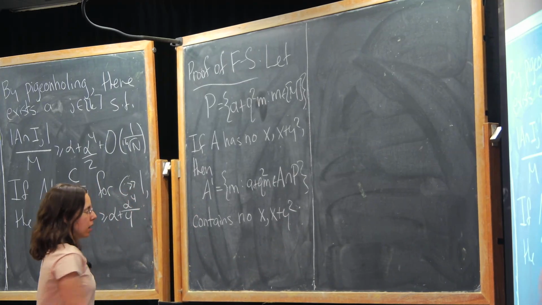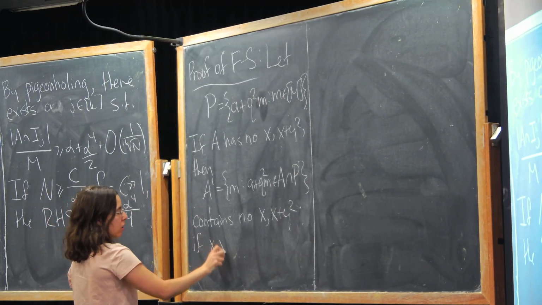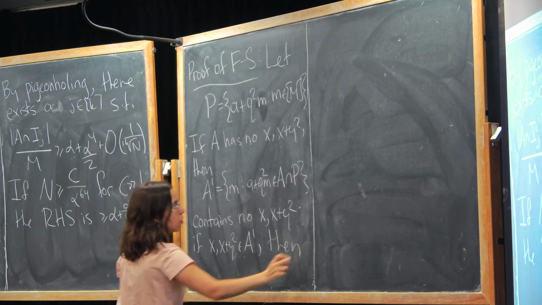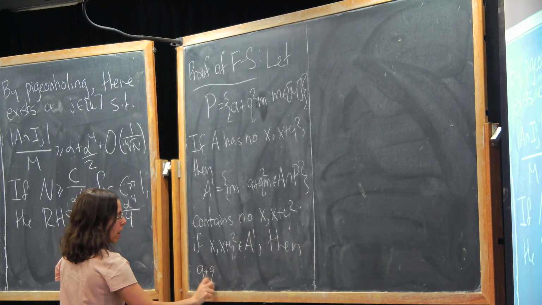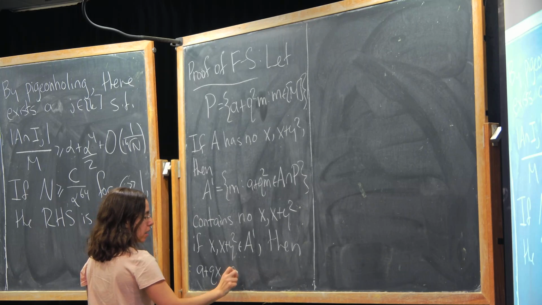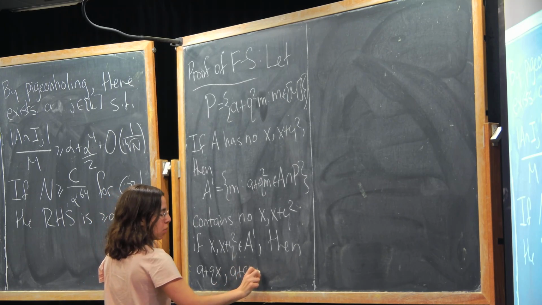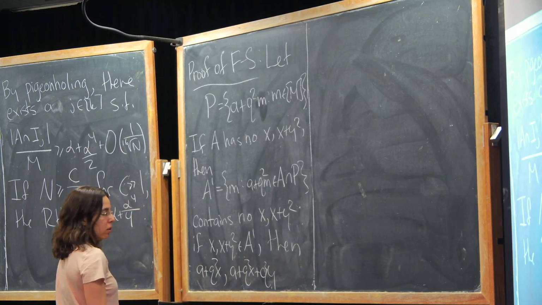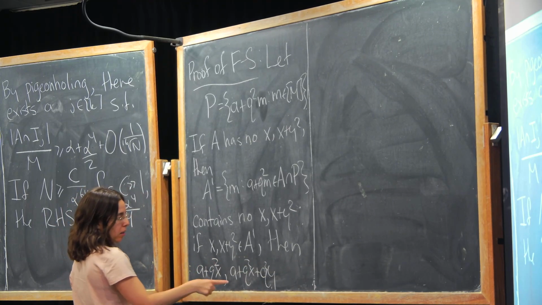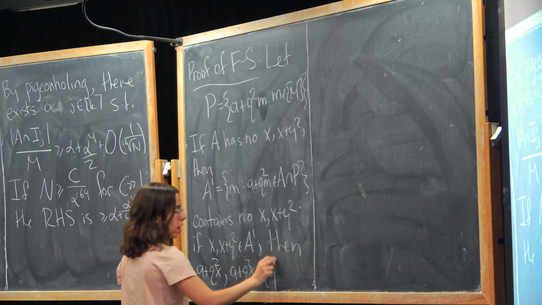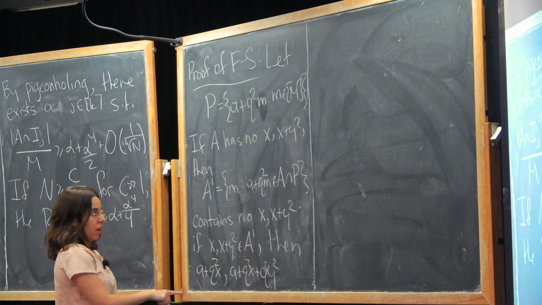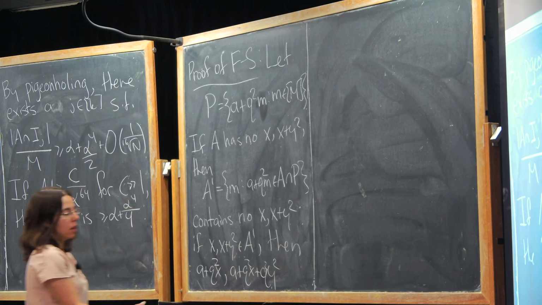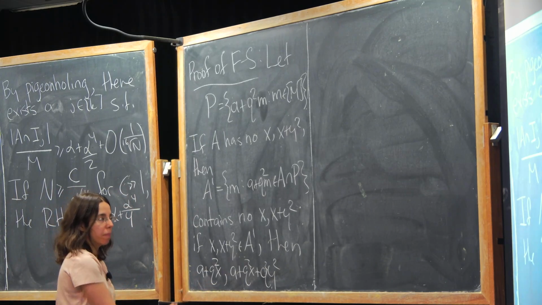The point is that if x plus y squared is in the rescaled set, then just by definition, a plus Q squared x, and a plus Q squared x plus Q squared y squared, is also of the form x plus y squared, where now y is Q times y, and x is a plus Q squared x.